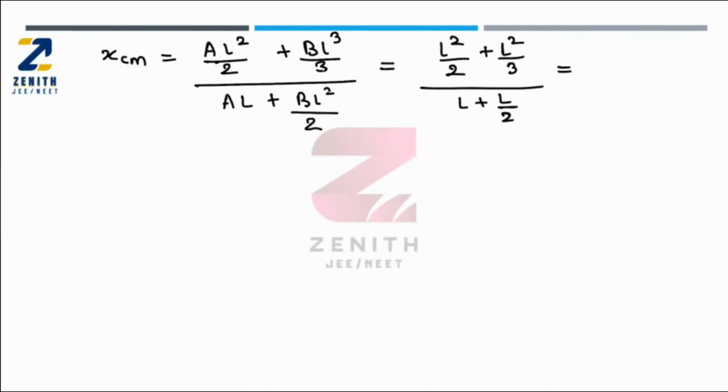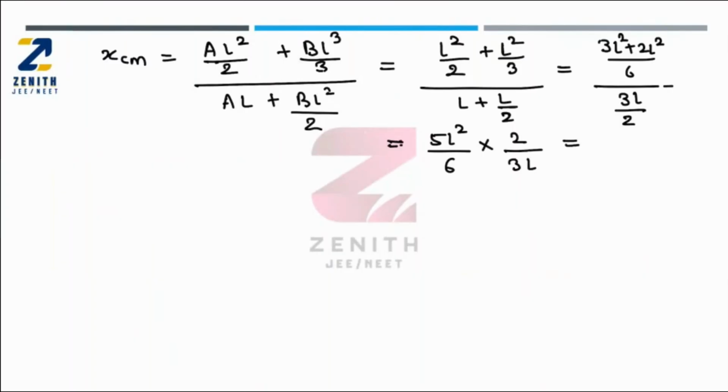Now you can simplify this. If you take the LCM, this is 6. This is nothing but 3L square plus 2L square divided by 3L by 2. So this is 5L square by 6, times 2 divided by 3L.